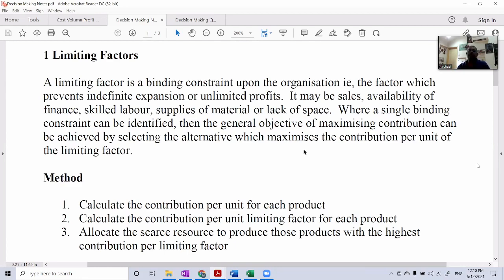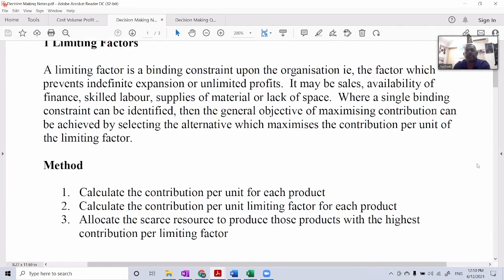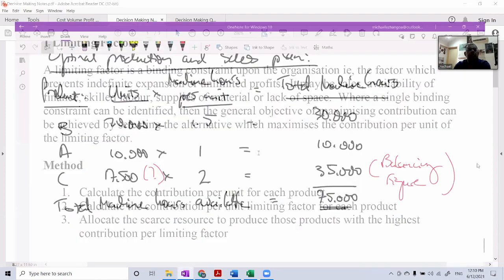All right. So you read that, it says, where a single binding constraint can be identified, then the general objective of maximizing contribution can be achieved by selecting an alternative which maximizes contribution per unit limiting factor. And that's what I did in my example over here.